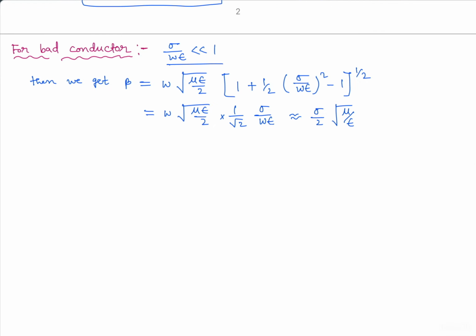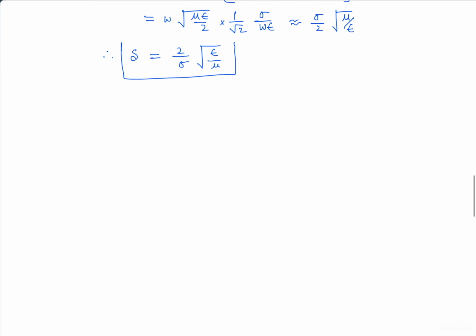So skin depth will be 2 by sigma root over of epsilon by mu. This is for bad conductor.